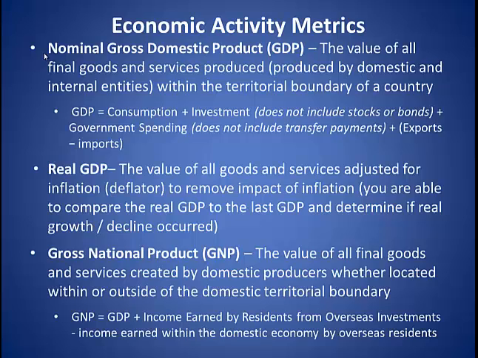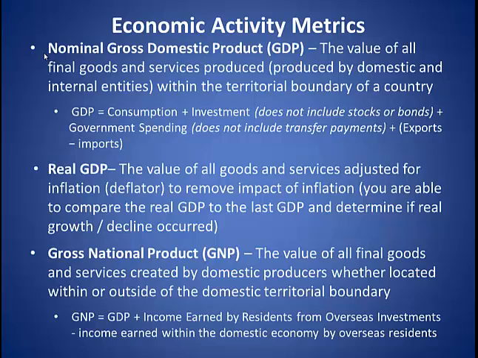Now, the formula for GDP is fairly simple. It's consumption, and consumption can be both consumers and businesses, plus investment. However, investment does not include investments in stocks or bonds, plus government spending.